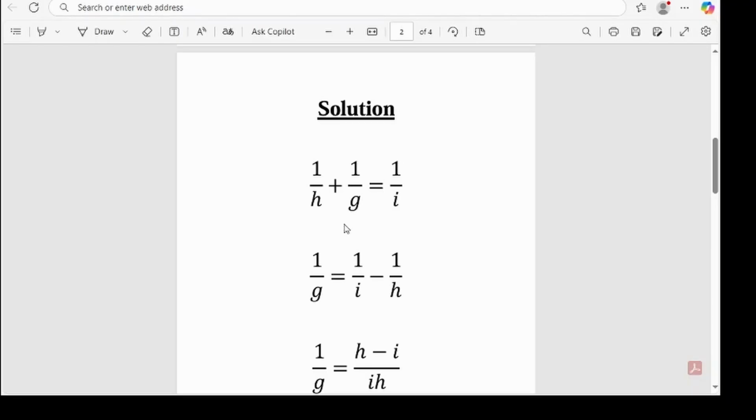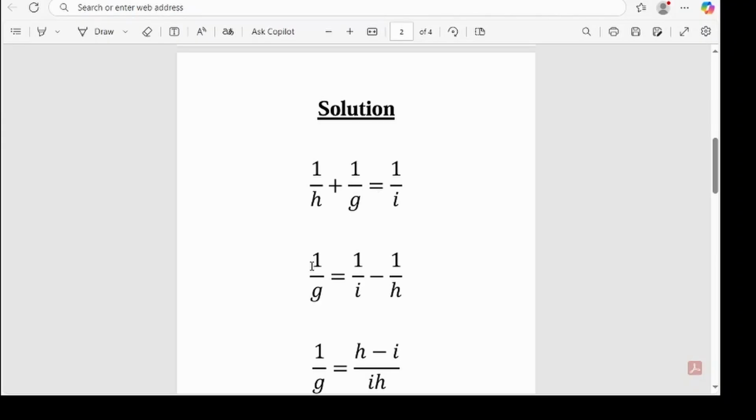And 1 over h is a positive number, so whenever it crosses the equal to sign, it will change its form to become negative. Supposing 1 over h was a negative number, it would have changed its form to be a positive number after it crosses the equal to sign. But right now it is a positive number, so whenever it crosses, it will change its form.